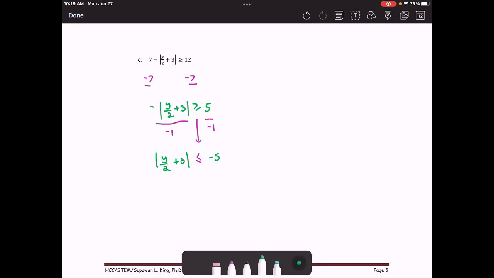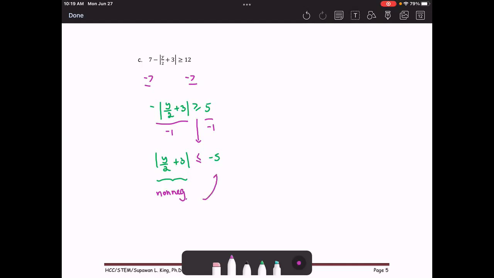Which is not true because the absolute value by definition is the magnitude, or the distance from the quantity to the origin point, or the 0 point. So whatever number comes out from the expression inside the absolute value is always going to be a non-negative number.